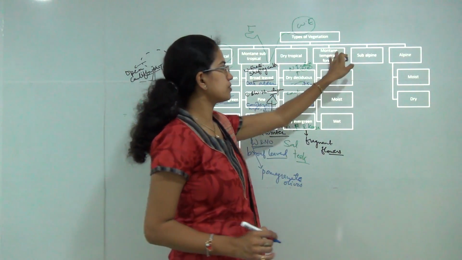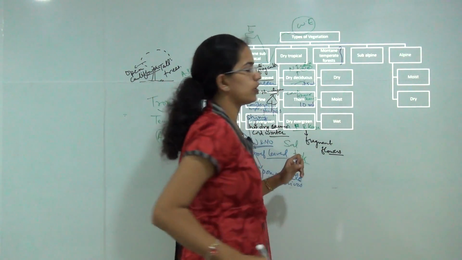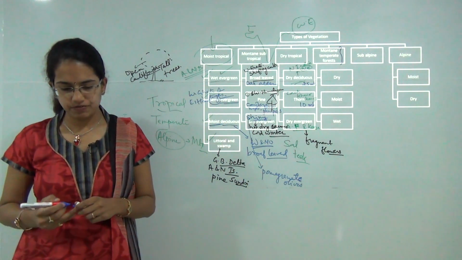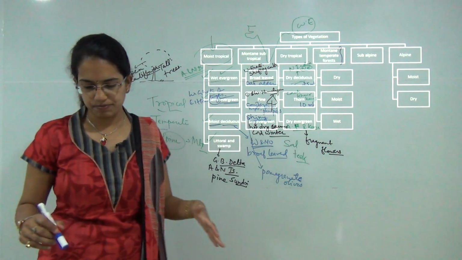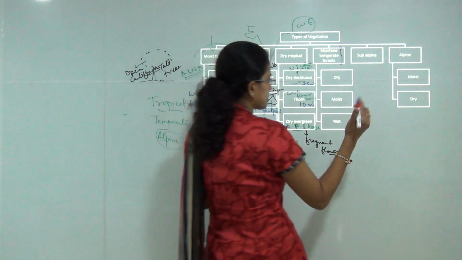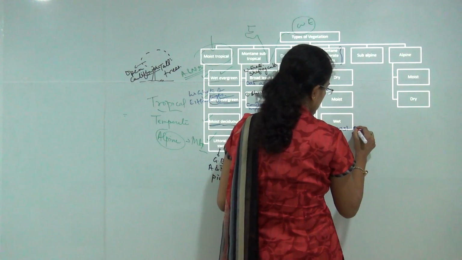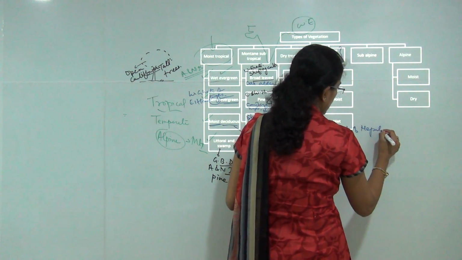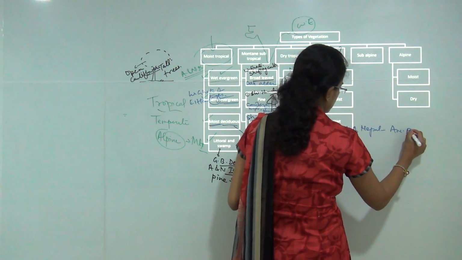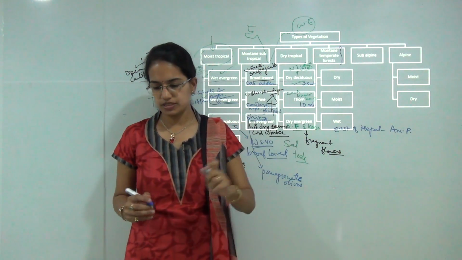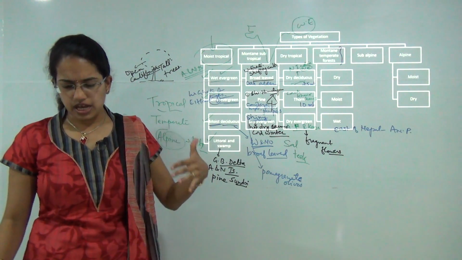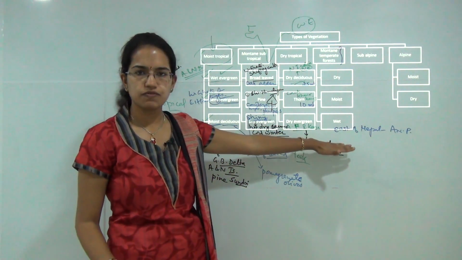Then let's move on to montane temperate forest. You have dry temperate forest, moist temperate forest and wet temperate forest. Let's start with the wet temperate forest, found from east of Nepal till Arunachal Pradesh. In the south you have it in the hills of Nilgiri.